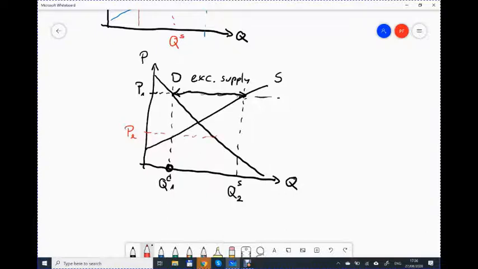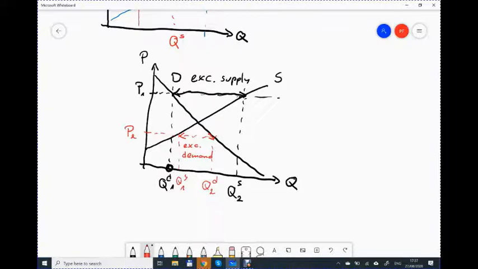Here, because of the low prices, more of the good is demanded than what is actually supplied by the producers. This is what we call excess demand or shortage, depending on the textbook.